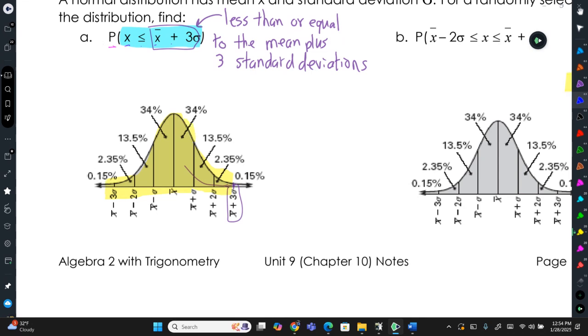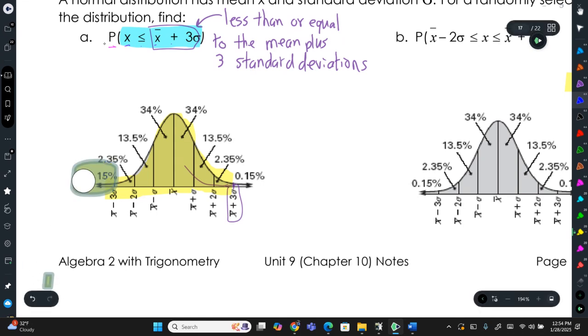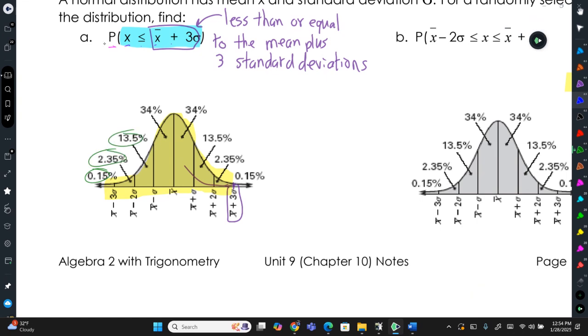So we're going to add up these numbers here, and that will give us the probability that our data is less than or equal to the mean plus three standard deviations.